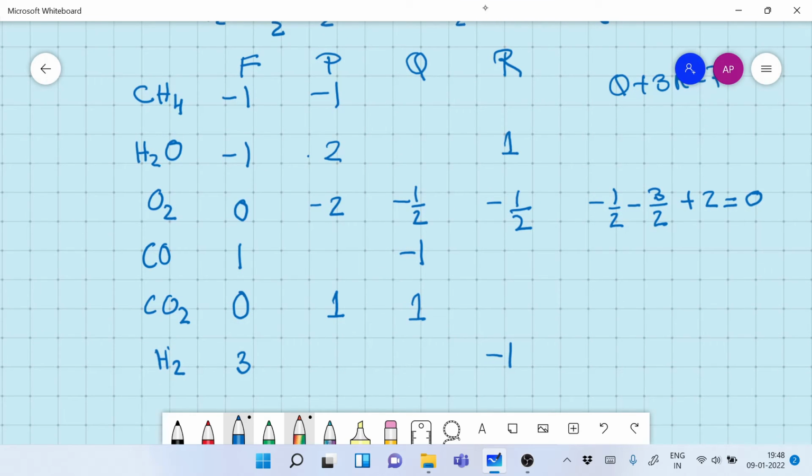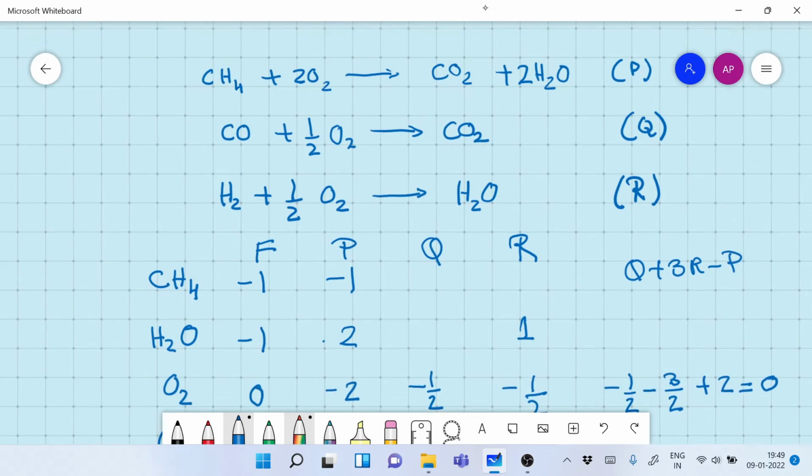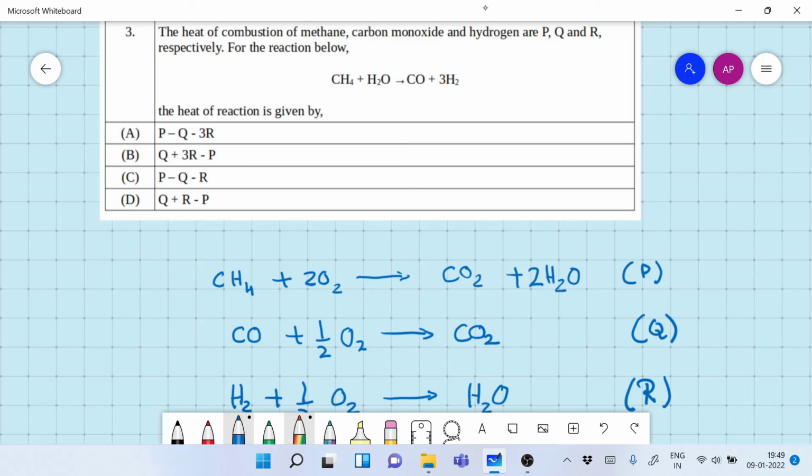We will have to apply it to carbon dioxide too. So for carbon dioxide, we have Q as 1, and then afterwards we have 3R, where R is 0, minus 3 into 0. That makes it 1, which is not equal to 0. Therefore, alternative B is ruled out.